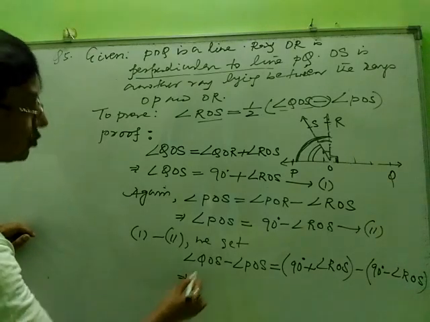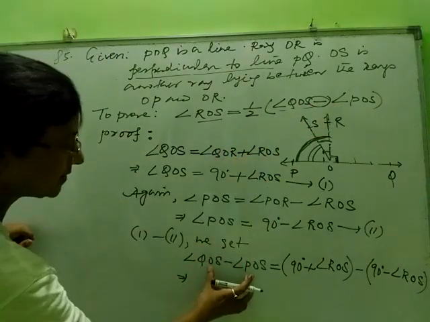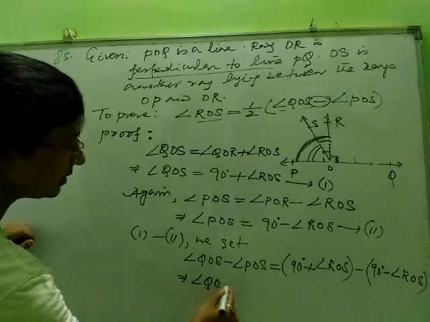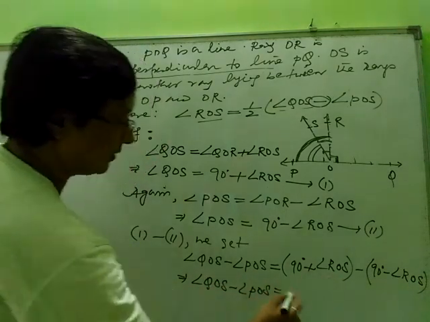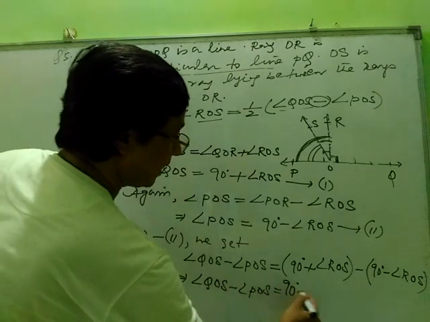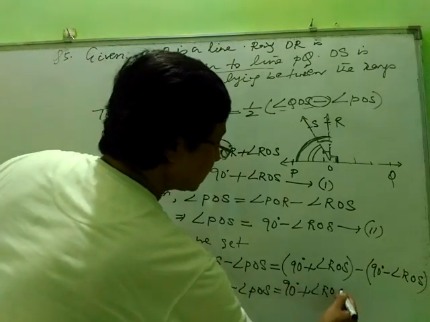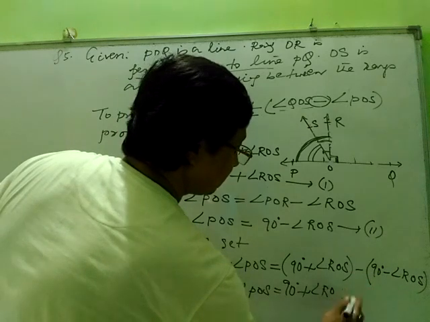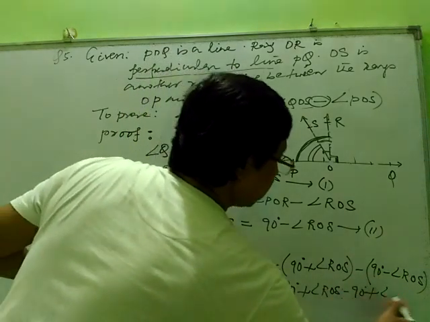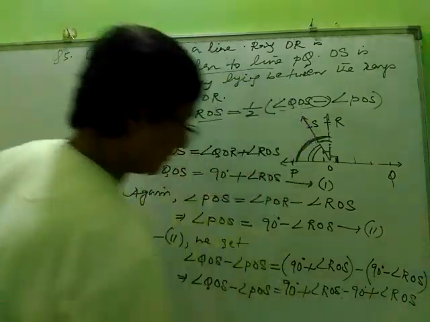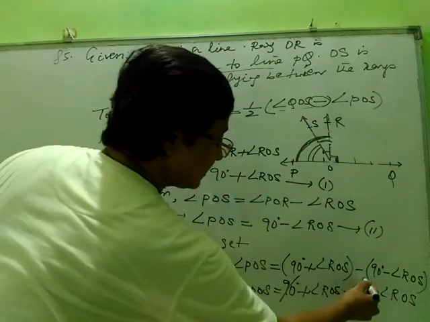Now from this, it is QOS minus POS. So angle QOS minus POS equals, now simplify the bracket, 90 degrees plus angle ROS minus 90 degrees, minus into minus plus angle ROS. Now plus 90 minus 90 cancel.